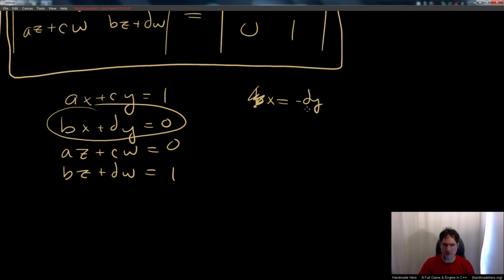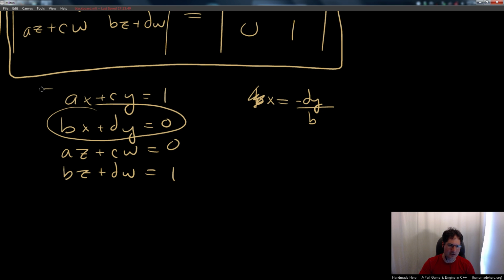Or X just equals negative DY over B, right? Very, very straightforward. So now I can plug that in. I could plug that into this guy up here. I could say, okay, I now know what X is, so if I want to solve for Y, well, I've got an equation in terms of Y, an equation in terms of X, right?